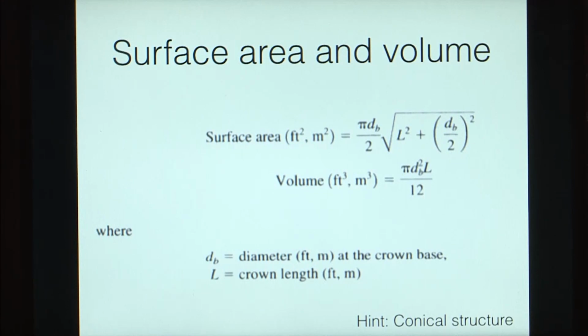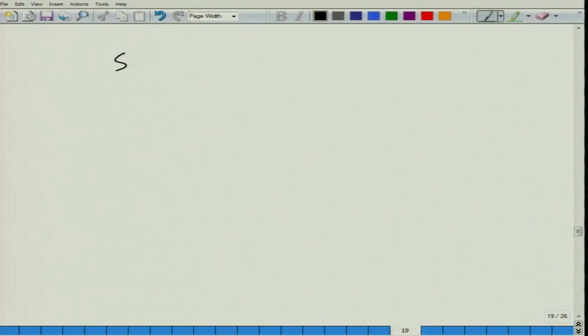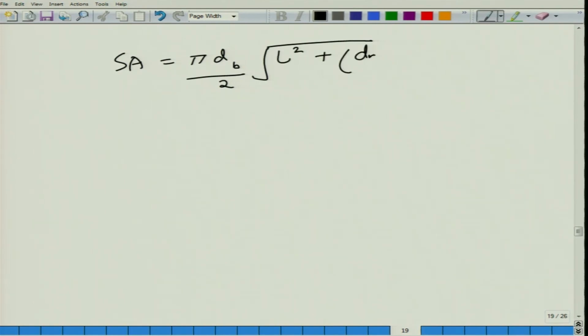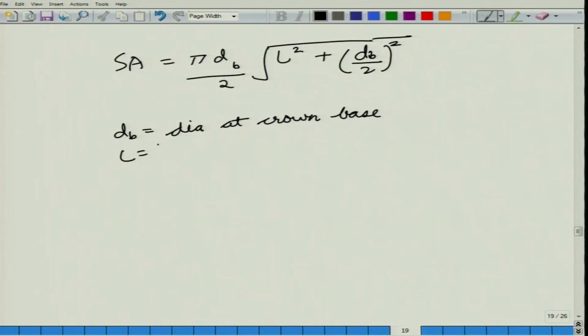So if I write it down, surface area is equal to pi dB by 2 times the square root of L squared plus dB by 2 squared, where dB is the diameter at crown base and L is the crown length. So this is the surface area of the crown.